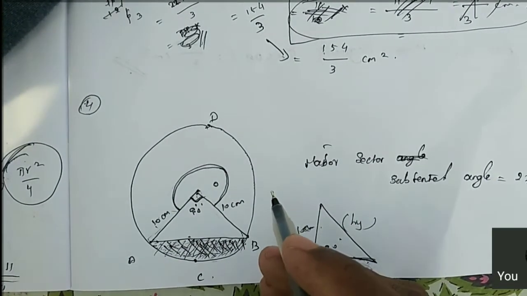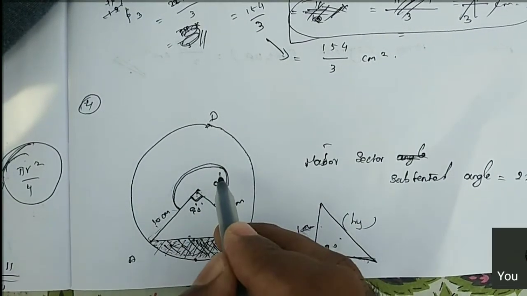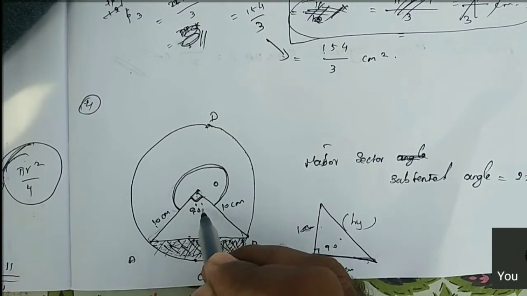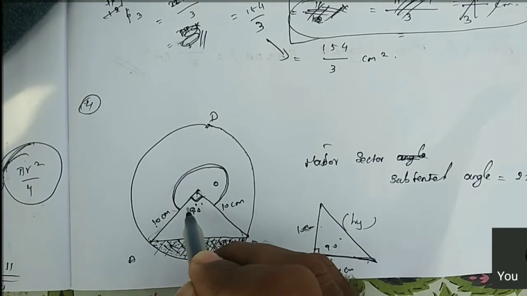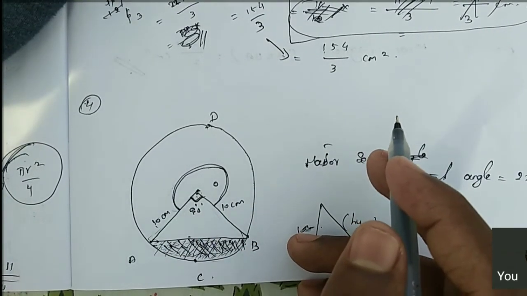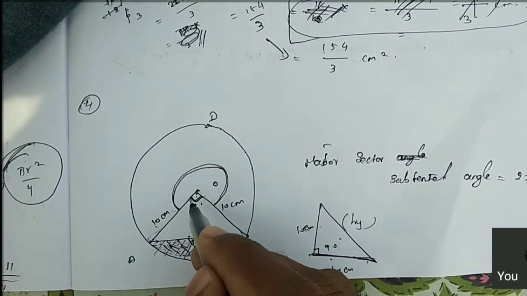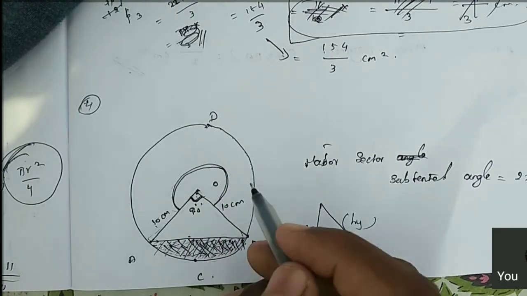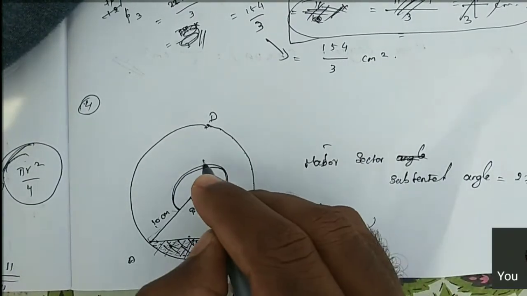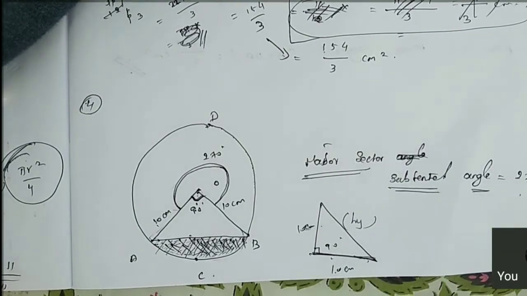The entire angle is 360. Here minus the minor sector 90. Very good, 270. So the major sector subtended angle is equal to 270.